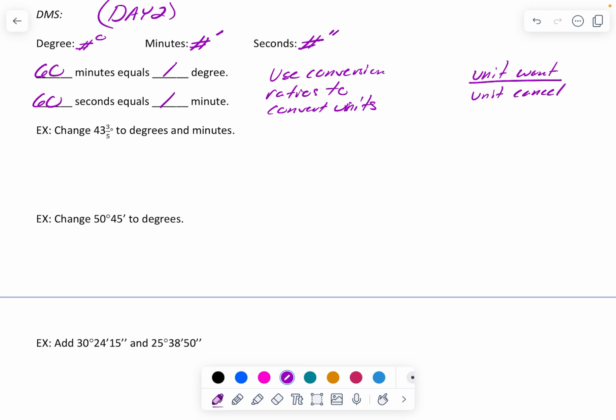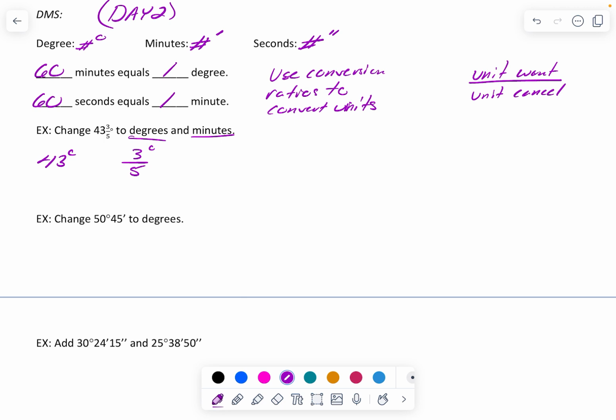For example, we want to change 43 3/5 degrees to degrees and minutes. So we know we have 43 degrees. The question is that 3/5 degrees, we want to change that to minutes.